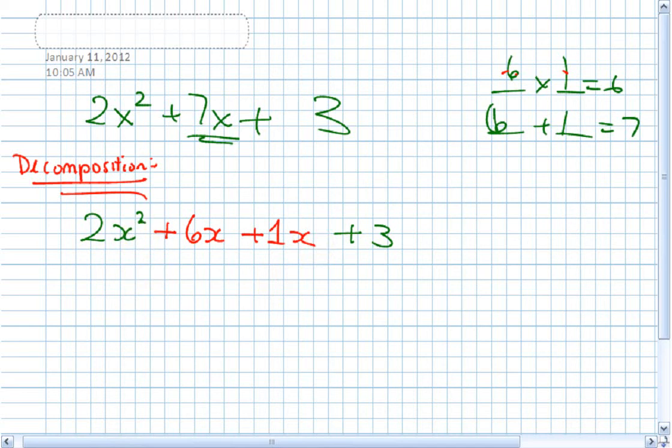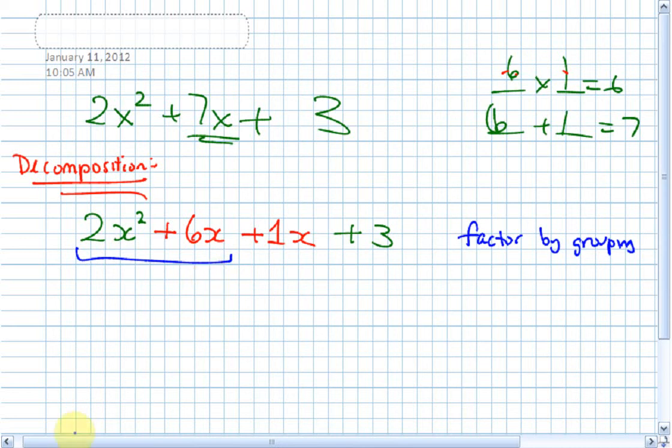Then with decomposition, look at the first two terms, and I want you to factor by what I call grouping. Take your hand and ignore the rest. Pretend it's not there. Looking at the first two terms, is there something common that I can factor out? 2 and what else?